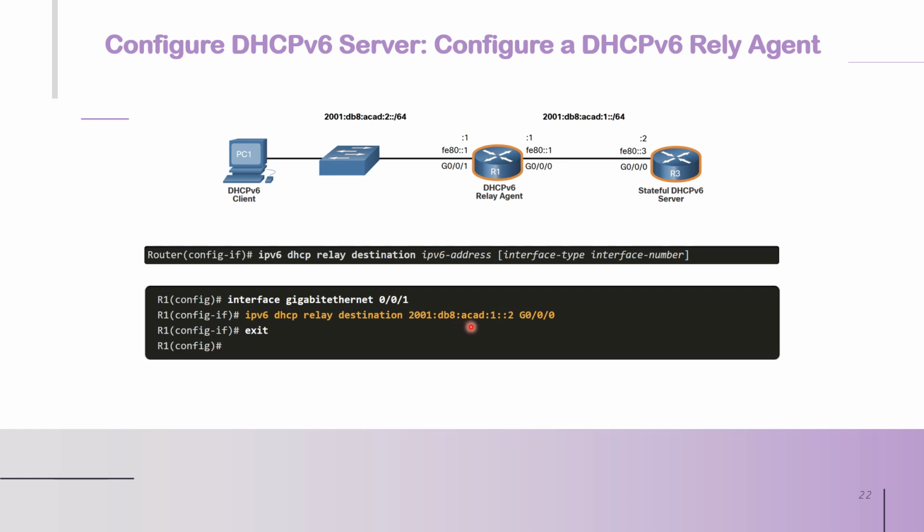Here it will be the IP of interface GigabitEthernet 0/0/0 of router 3, which is connected directly with router 1. GigabitEthernet 0/0/0 is the interface through which the router can reach the server to get this information.